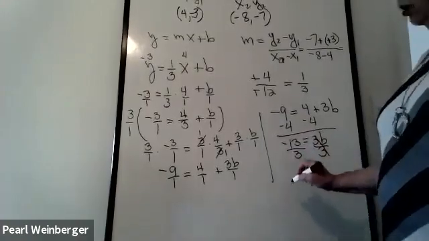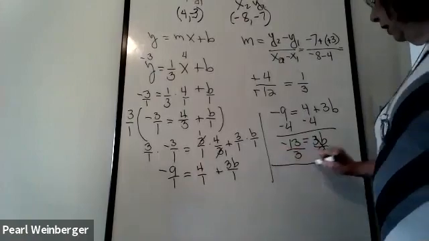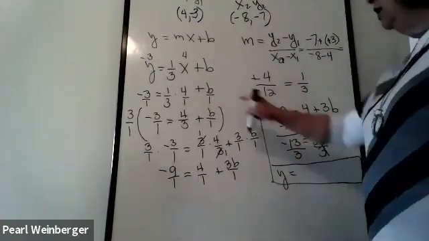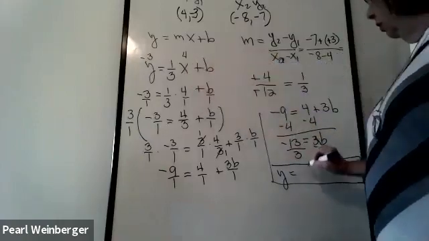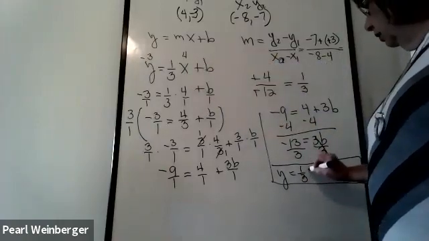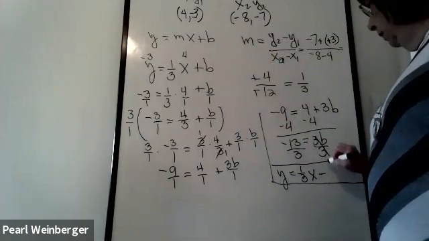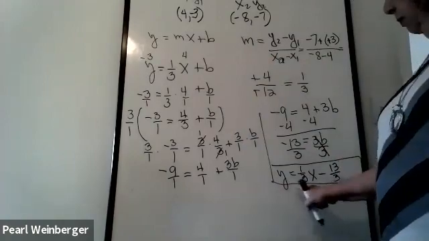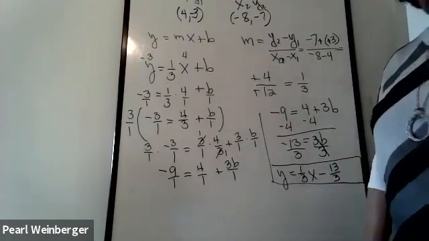So my equation then becomes, here's my final answer: y equals m, which we know is 1/3, so 1/3 x, plus b, so that's -13 over 3. And this would be your answer for your equation.